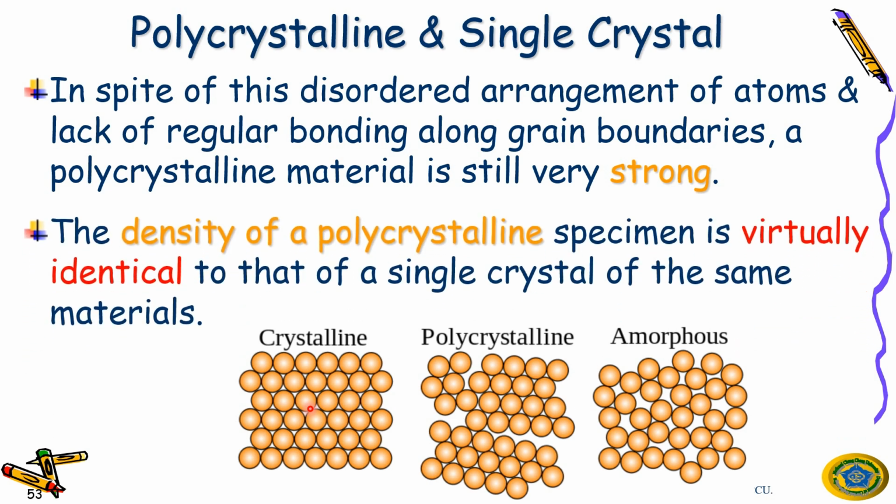So the density of the polycrystalline specimen is virtually identical to that of the single crystal of the same material, but not amorphous, because of the space here. If we regard this as a big material, it's almost the same in terms of the density, but not for the case of the amorphous materials. Okay?